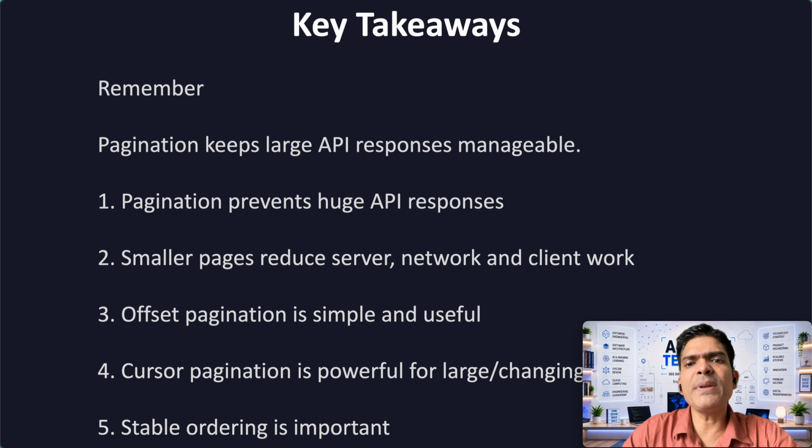Fourth, cursor pagination can be a better choice for large data sets or frequently changing data. And finally, good pagination requires stable ordering and sensible limits. The key idea is very simple. Do not send everything when the client only needs a small part of the data.